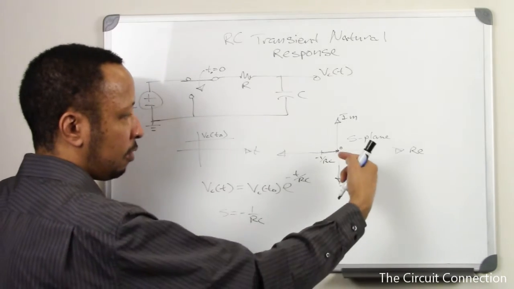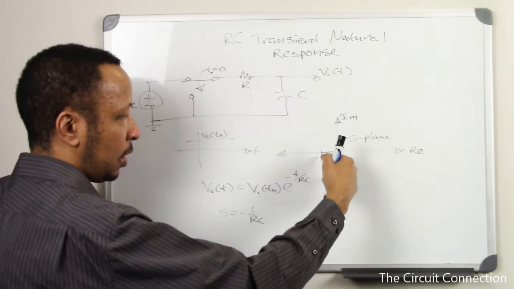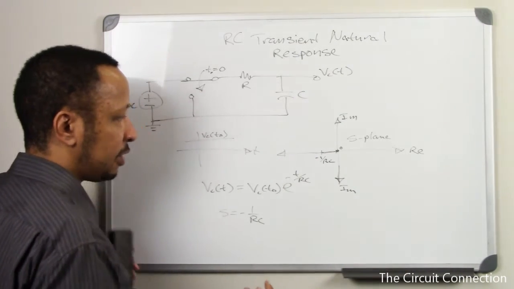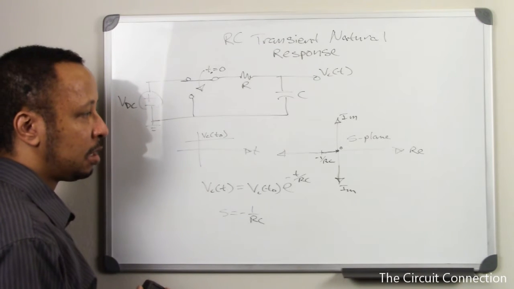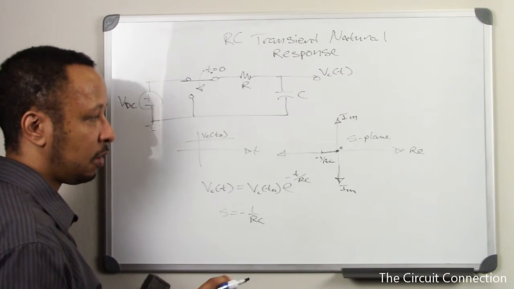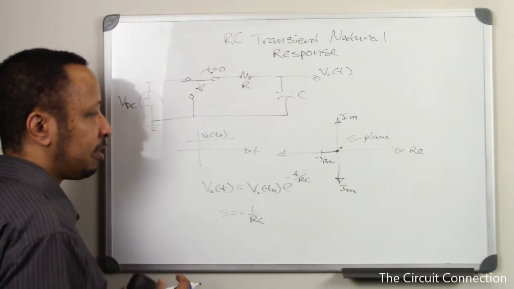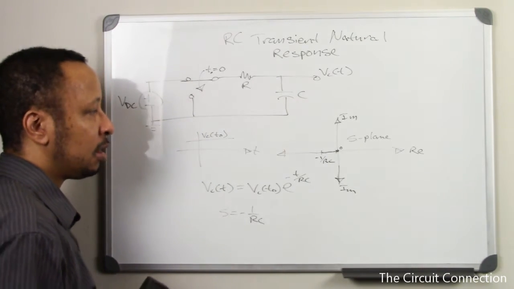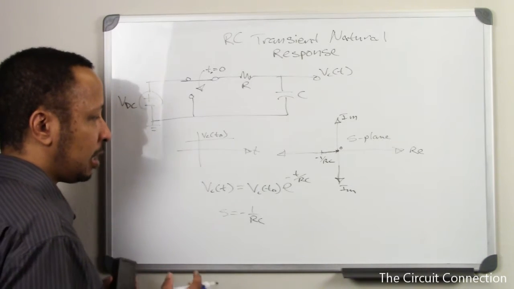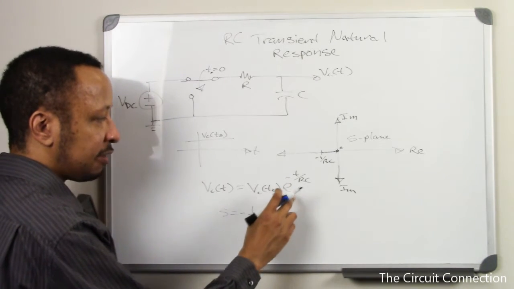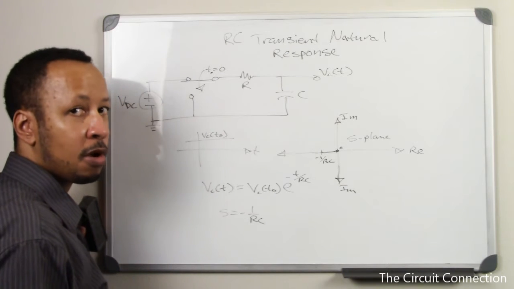Now, if I go the other way and -1 over RC starts to become bigger instead of closer to 0, what does that mean? That means less resistance or less capacitance. It means that this exponential function will become more effective.